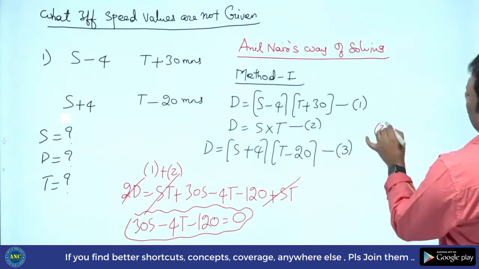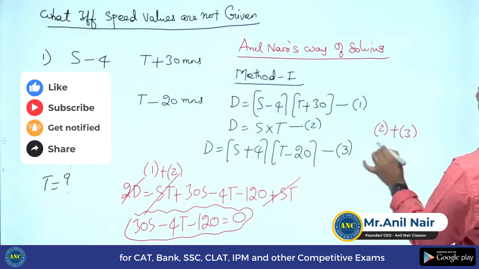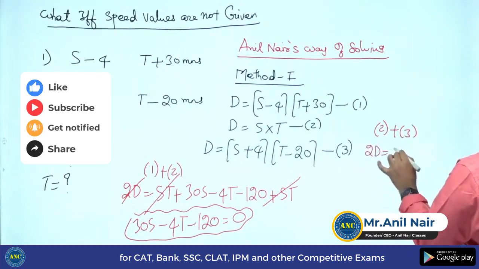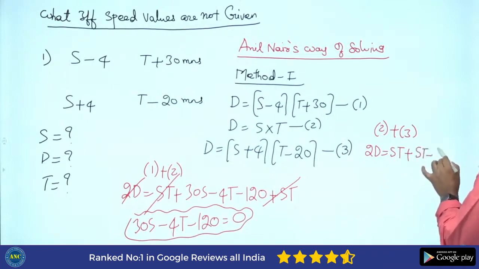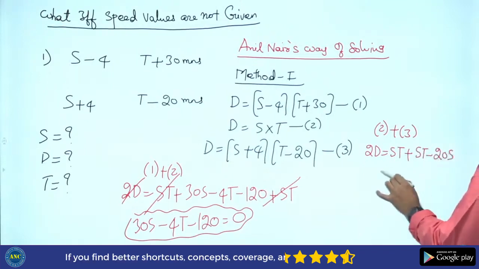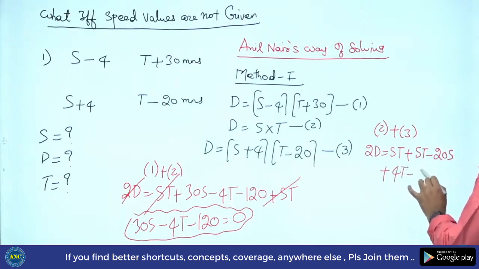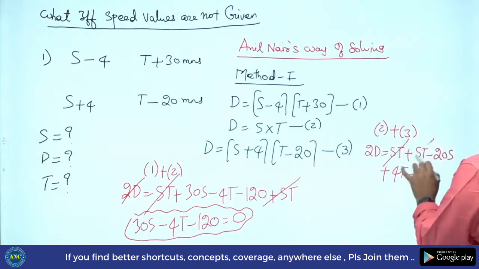If I do 2 plus 3, d plus d, 2d. Everything has to be crystal clear to you, sir. Plus st minus 20s plus 4t minus 80. Cancelled.